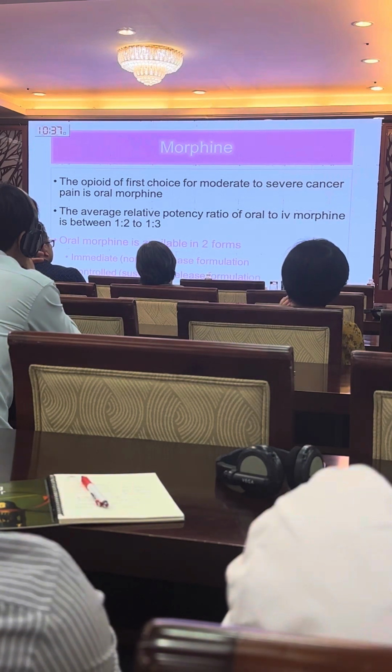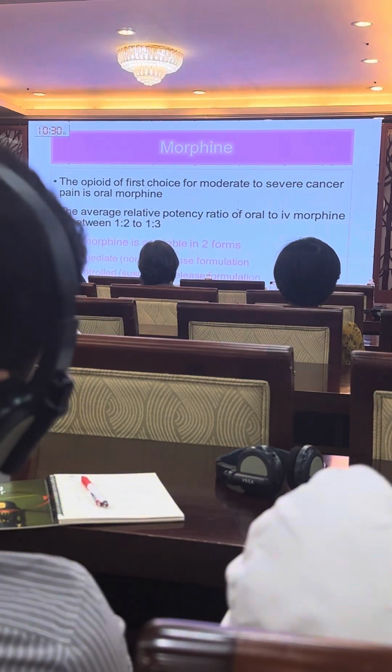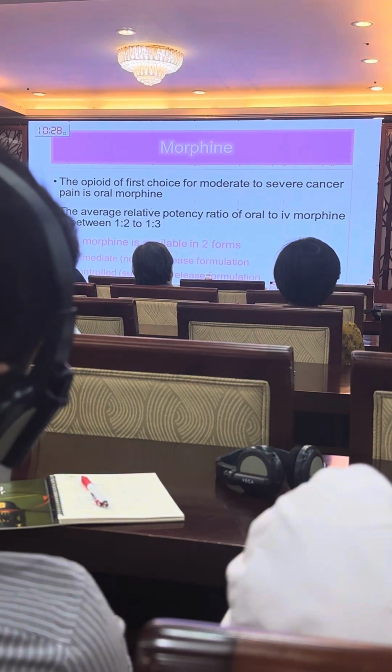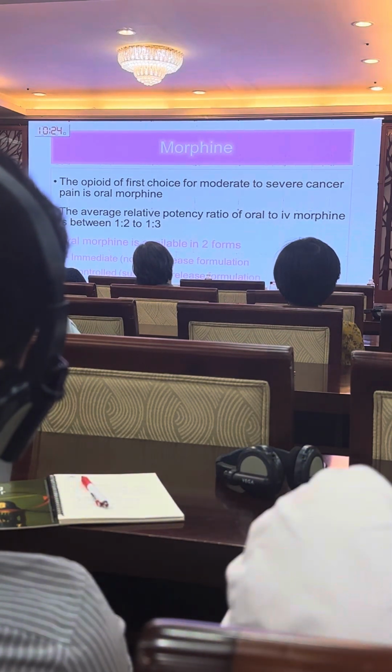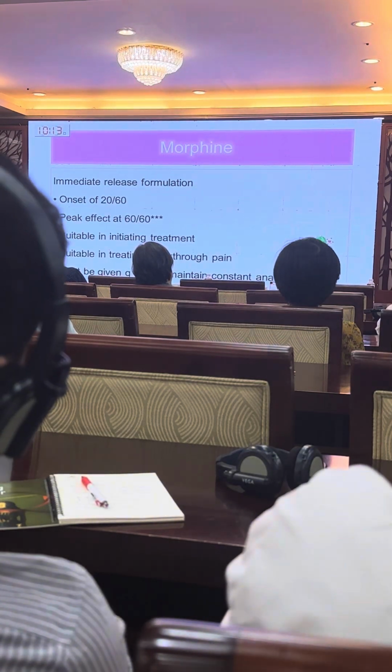The average relative potency ratio of oral to parenteral morphine is between 1.2 to 1.3. The dose of oral morphine is higher than the dose of parenteral morphine because of first-pass hepatic metabolism and low bioavailability after oral intake.